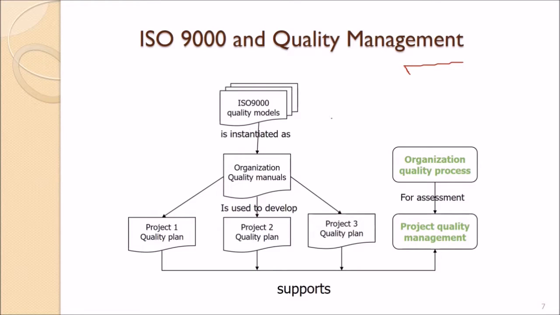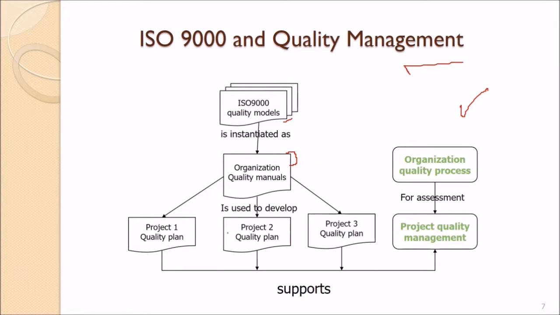See, each and every part of this figure, this representation shows the ISO 9000 and quality management. So ISO 9000 quality models are instantiated as organization quality manuals. So if you are following ISO, or you can say that I am an ISO 9000 company, then you ought to have a quality manual.